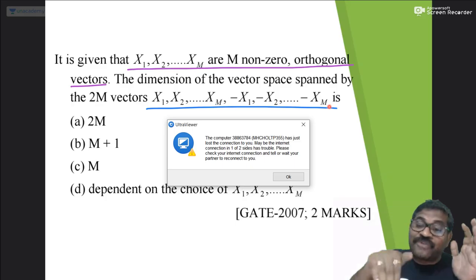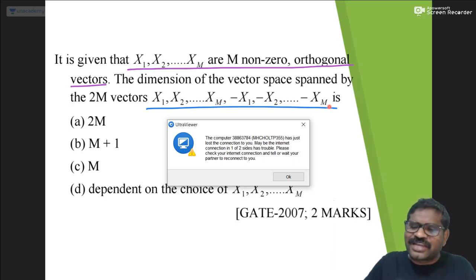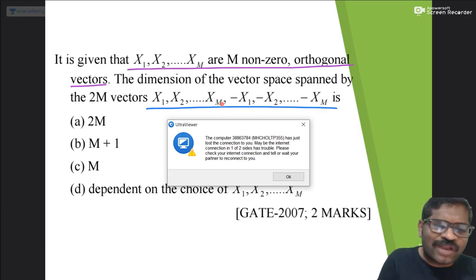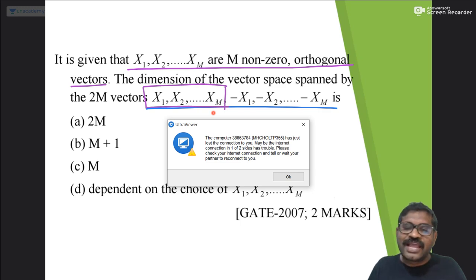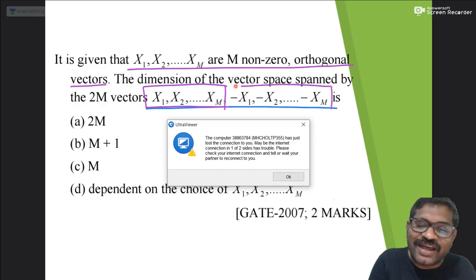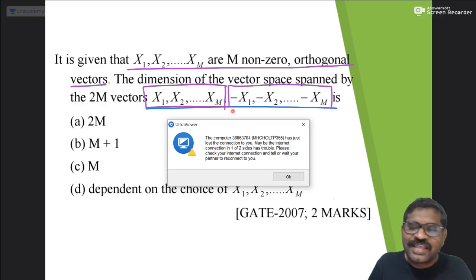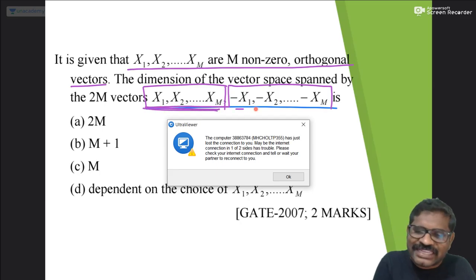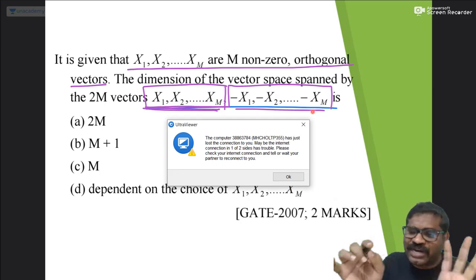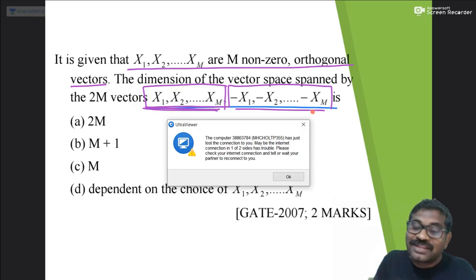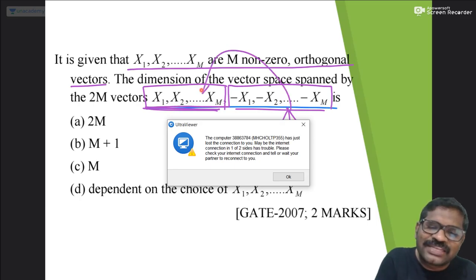In that 2m vectors, the first m vectors are non-zero orthogonal vectors, the next m vectors are also non-zero orthogonal vectors, but the remaining m vectors depend on these vectors.